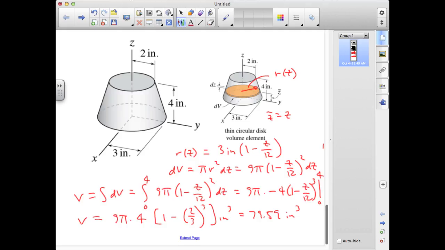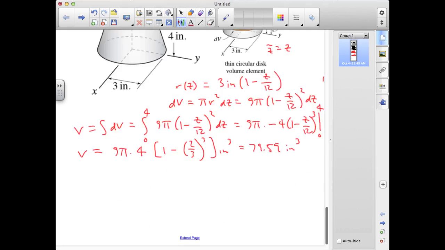which you'll notice is exactly the difference between the 113.1 and the 33.5 one we did with the composite calculation. Finally, the last thing we need to calculate is the integral of z tilde dv that goes in the numerator of this centroidal calculation. That ends up looking like 9 pi times the integral from 0 to 4 of z, for z tilde, times 1 minus z over 12 squared dz. And here we will benefit from expanding that square.